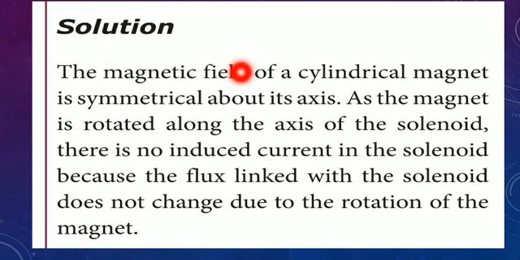The magnetic field of a cylindrical magnet is symmetrical about its axis, as the magnet is rotated along the axis of the solenoid. So there is no induced current in the solenoid, because the flux linked with the solenoid does not change due to the rotation of the magnet.